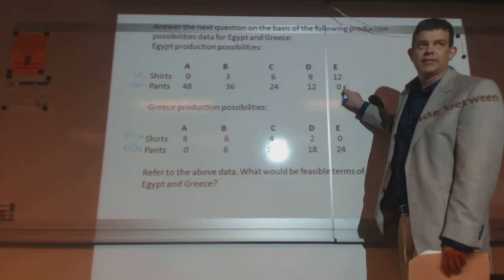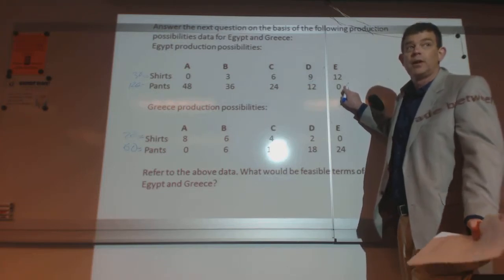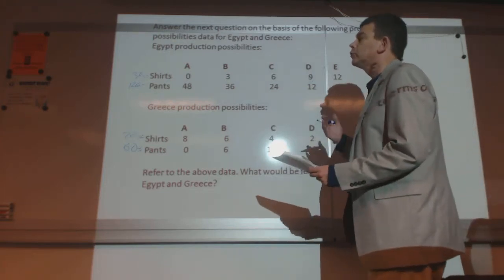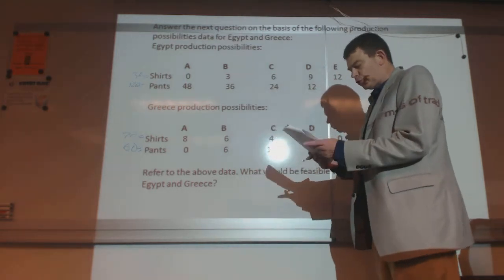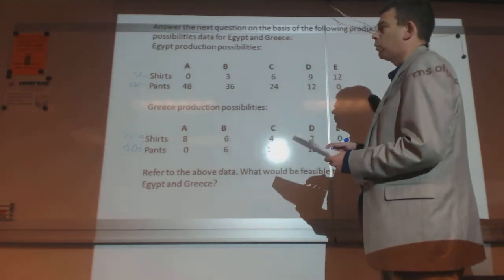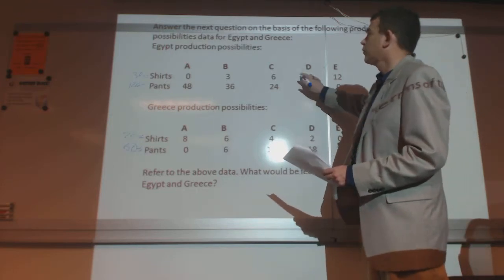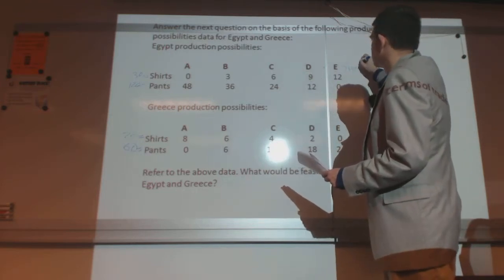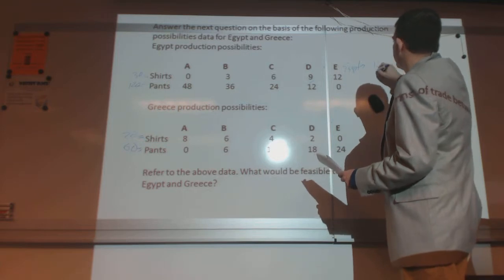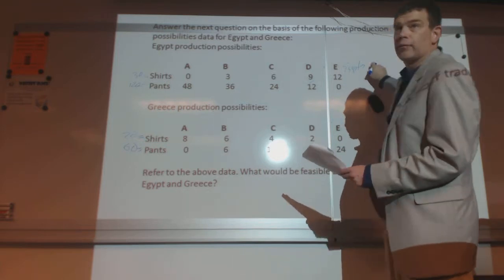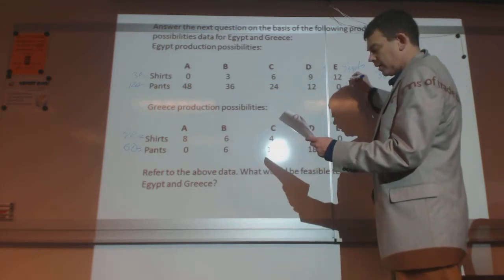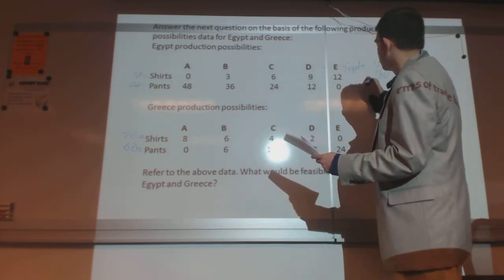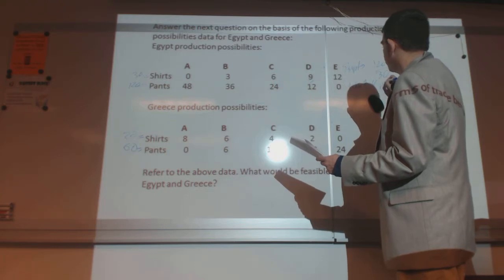Sadly, we wouldn't have any pants. That'd be sad, wouldn't it? So in understanding terms of trade, what you basically have to do is figure out the ratio. For the Egyptians, it's 30 shirts for every 120 pairs of pants. That is, they do 1 shirt for every 4 pants.